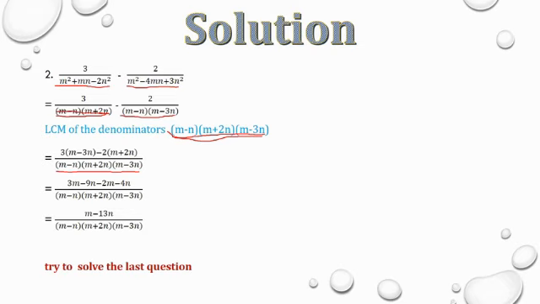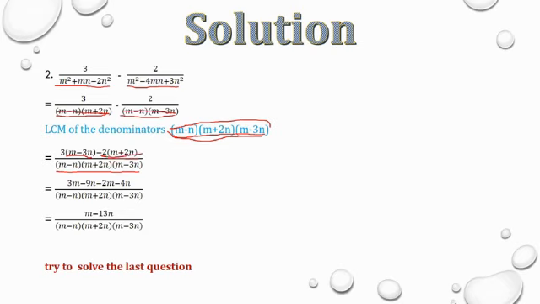So if we then multiply m - 3n by our numerator, it will be left as 3 multiplied by (m - 3n). Moving on to the second denominator, we divide it into our lowest common denominator. Those will actually cancel each other, the m - n and the m - 3n, and we are left with m + 2n, and it will multiply with our numerator to get negative 2 multiplying (m + 2n).